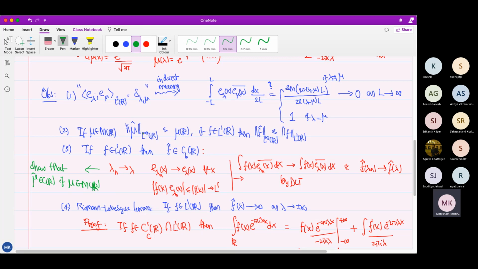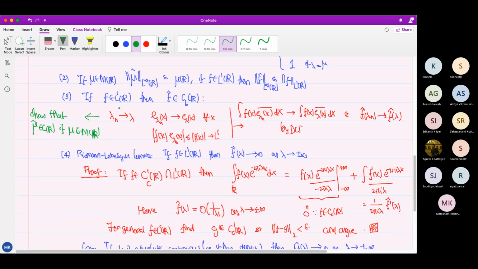All right, so mu hat is bounded. So property 2, that Fourier transforms of measures and L1 functions are bounded, is the same. The continuity is also the same for both. The Fourier transforms of measures are going to be continuous, and Fourier transforms of L1 functions are going to be continuous.